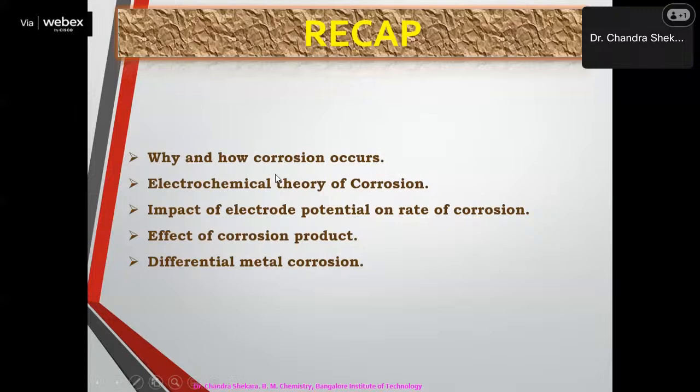We discussed the electrochemical theory of corrosion, the meaning of electrode potential, and how the rate of oxidation and rate of corrosion are related to the electrode potential value. And also we discussed the effect of corrosion product on the corrosion of a few metals, passive metals. And also we have discussed the impact of electrode potential when we are using two different metals together.